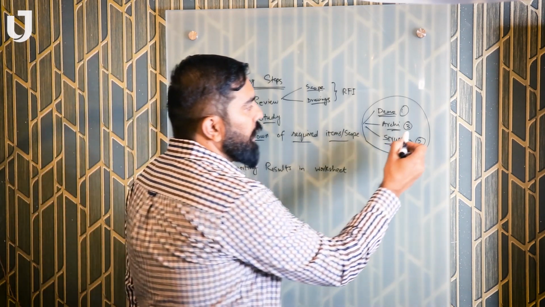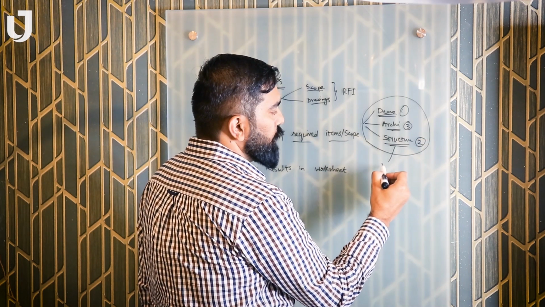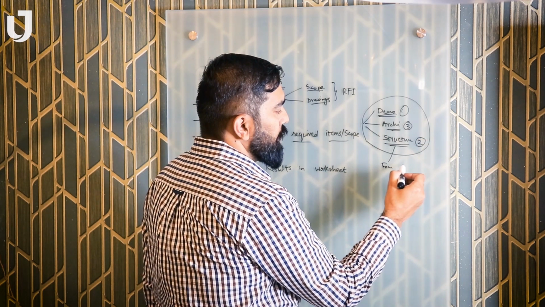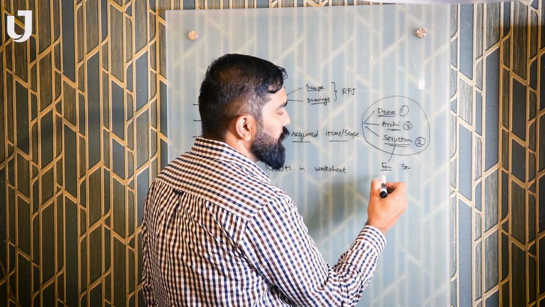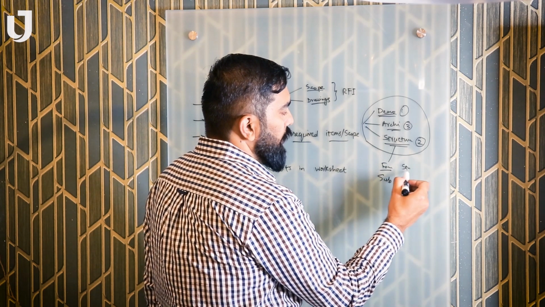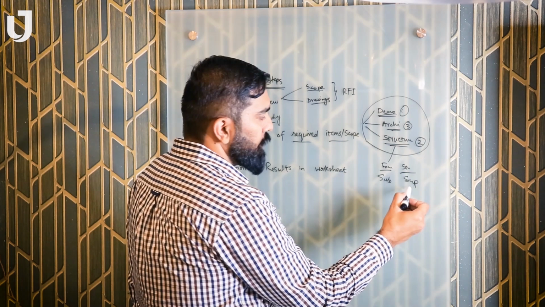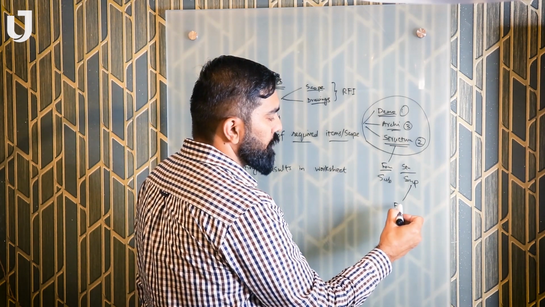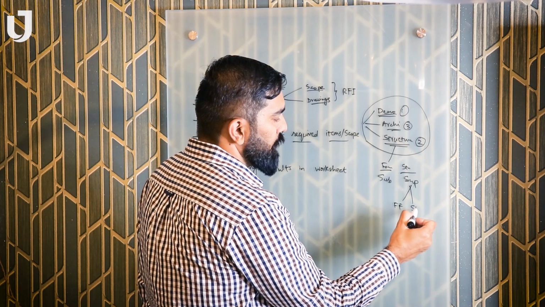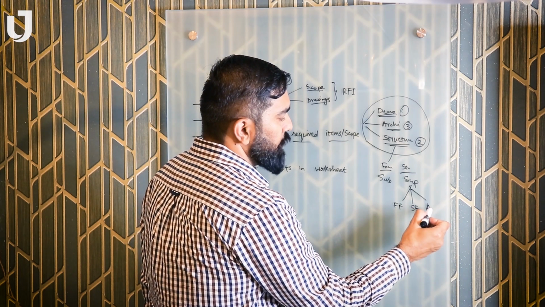We can further subdivide this structure part into foundations, the substructure, and then the superstructure. Further, you can subdivide the superstructure into first floor, second floor, the attic, and so on.